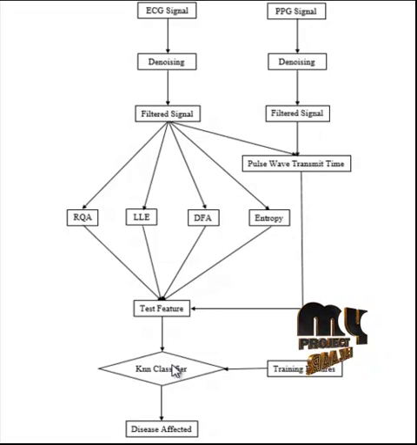So we propose a classification methodology based on the features extracted from the ECG and the PPG signal combined. Finally, the performance of the process is measured by the accuracy, sensitivity, and specificity.